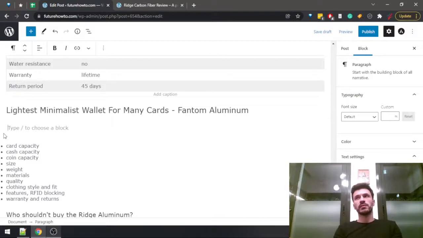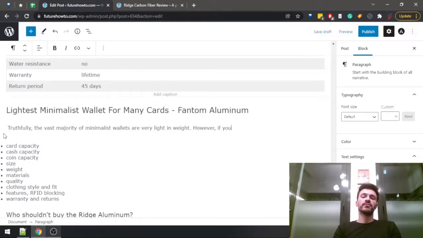Let's open with something like, truthfully, the vast majority of minimalist wallets are very light in weight.